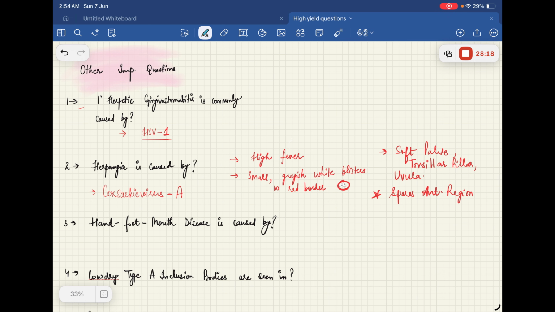It does not affect the anterior region, and it is self-limiting. It resolves in 7 days or within 7 to 10 days. This was about herpangina.